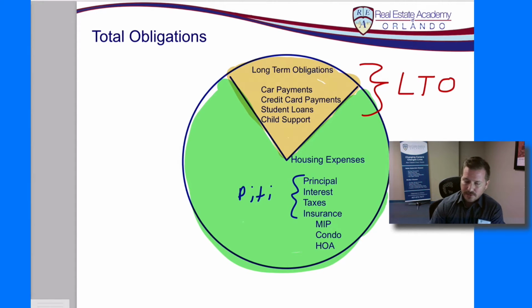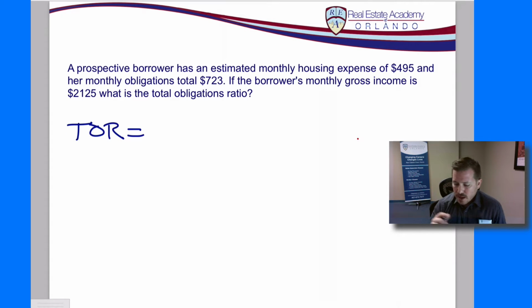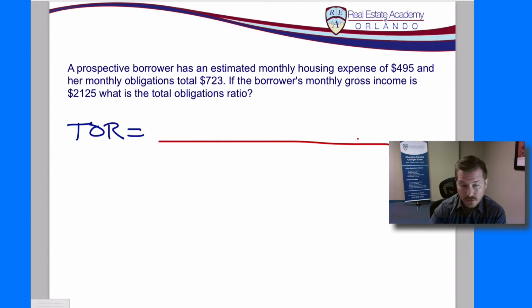So now we've got that. Let's go back to the math problem itself. We've got the total obligations ratio. This is going to be figured out by taking the total obligations.